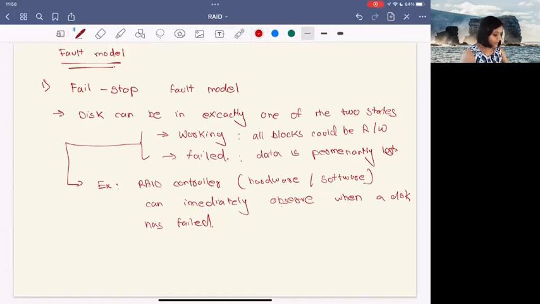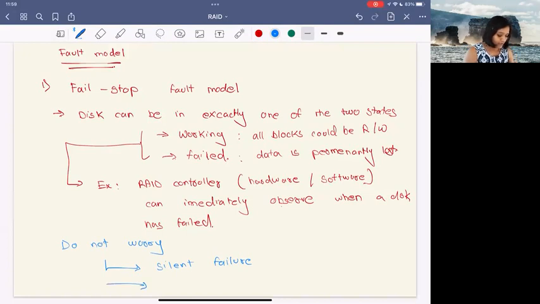And we also do not worry about partial failures, where some blocks in the disk could be read and some other blocks could not be read. So, things that we do not worry about: silent failures. These are the scenarios where a disk has failed, but the RAID controller doesn't know that it has failed. Let's not worry about them right now.